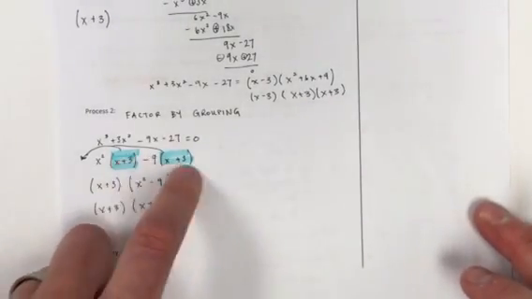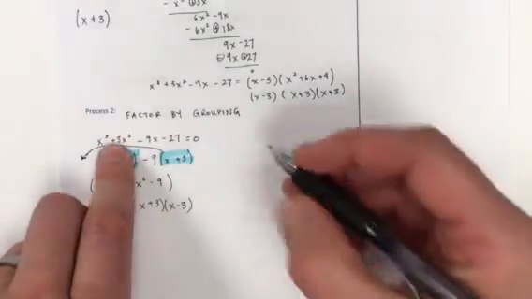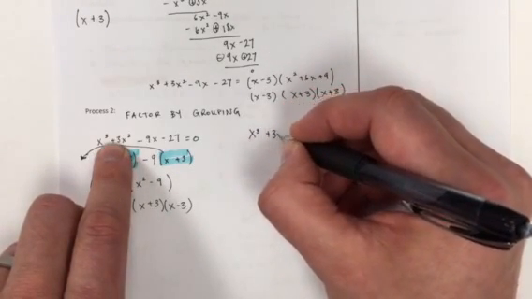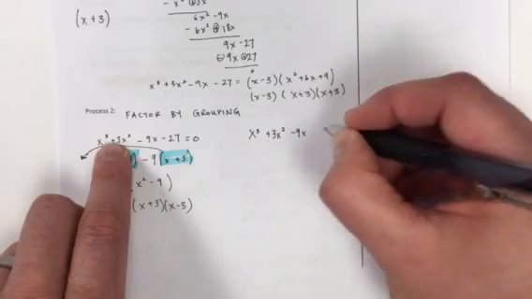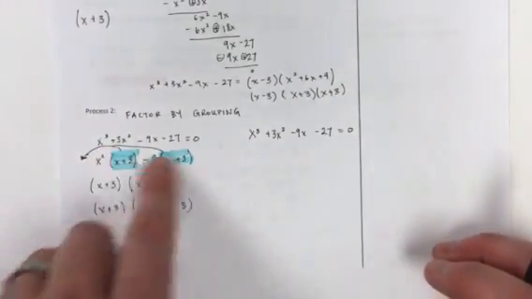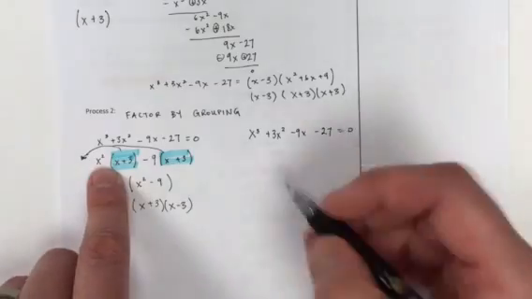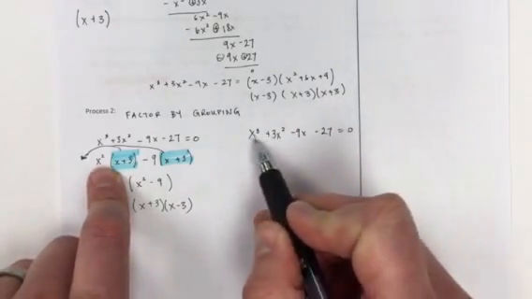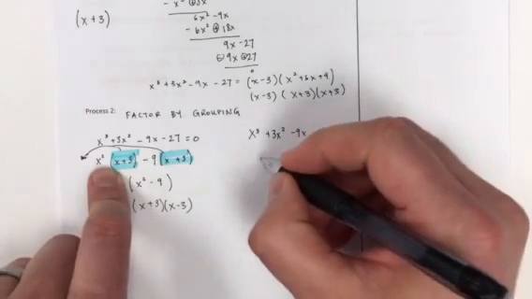This isn't the only way to look at it, though. You could also look at it like this. x cubed plus 3x squared minus 9x minus 27. Maybe you didn't notice the GCF in that manner, but you think, well, 3 and 27 relate the same as 9 and 1. There are ratios involved.